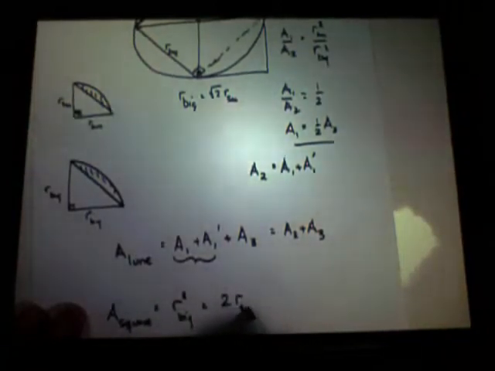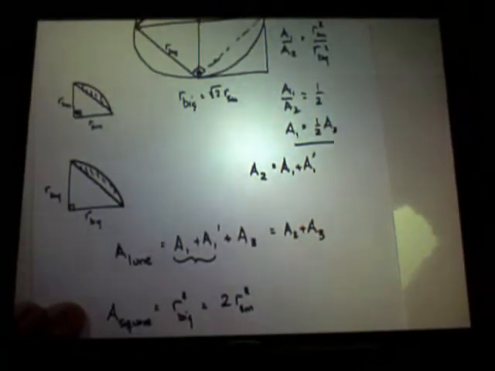Okay. What's the area of the big square? R big squared, right? So area, what do we call it? It's the square is R sub big squared. And R sub big squared is 2R sub small squared, right? And we just said that A2 plus A3 is half of that.